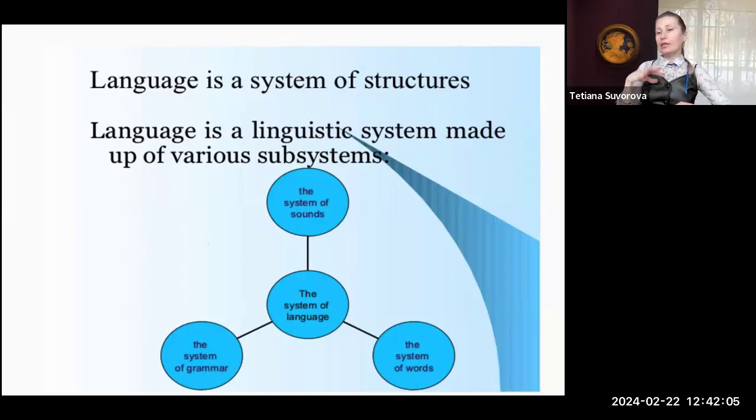Well, and so out of words, we can compose larger units like phrases, word combinations, parts of the sentence and the sentences, and out of the sentences, of course, the texts. So that is how we have some hierarchy of levels of language, so we can speak about some structure.